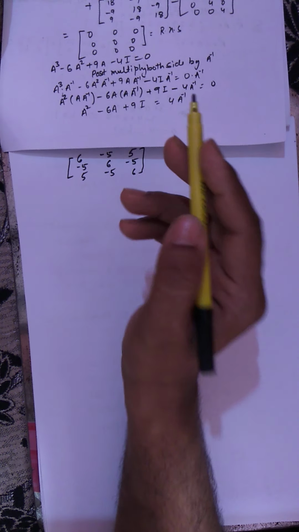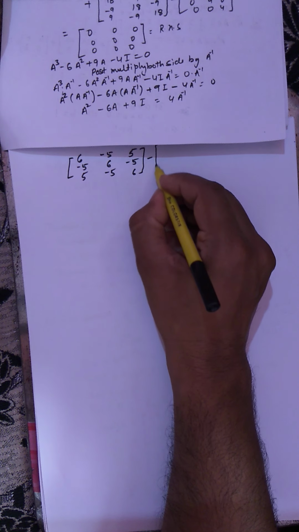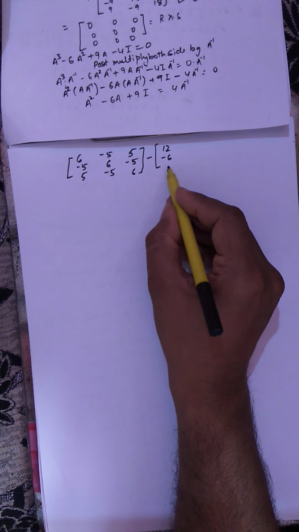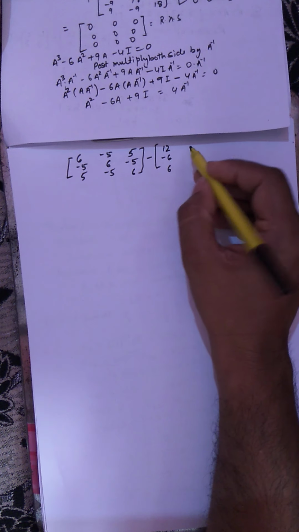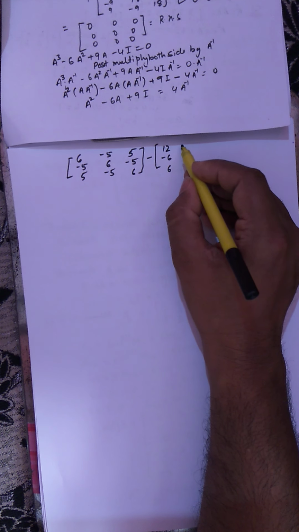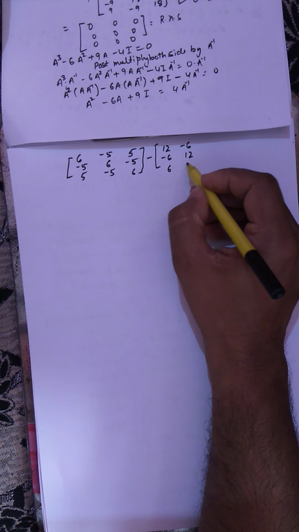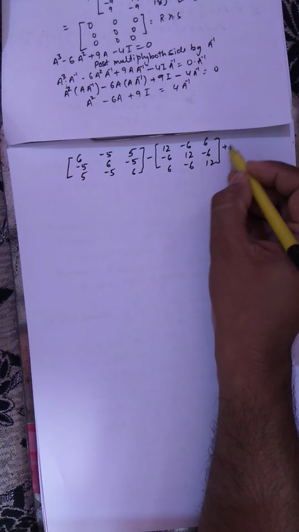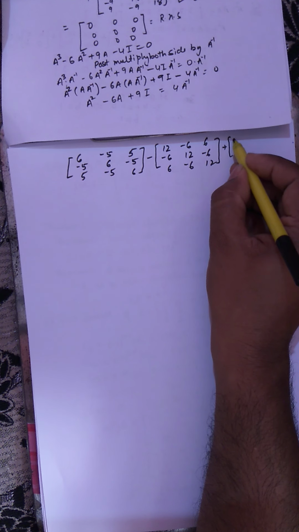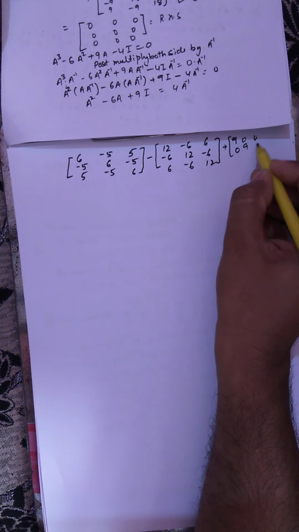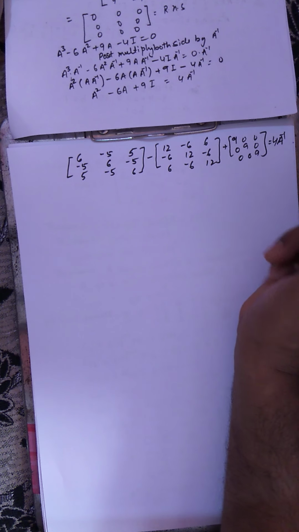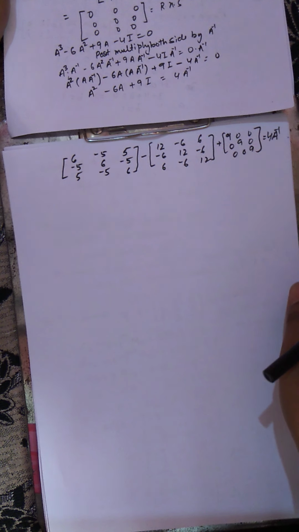So this is A square, and 6A we'll multiply directly: 6, -6, 6; -6, 12, -6; 6, -6, 12. And 9I will be 9, 0, 0; 0, 9, 0; 0, 0, 9, and this is equal to 4A inverse. So now we'll continue from here.